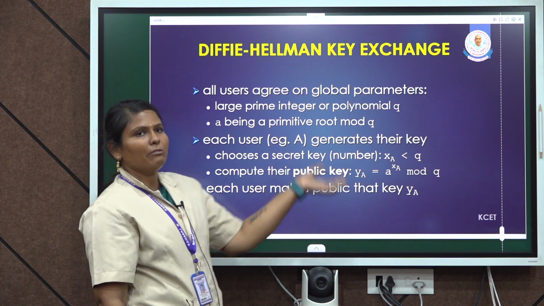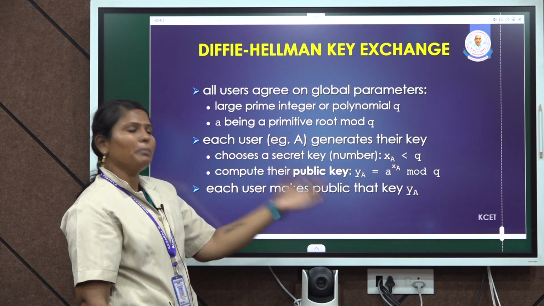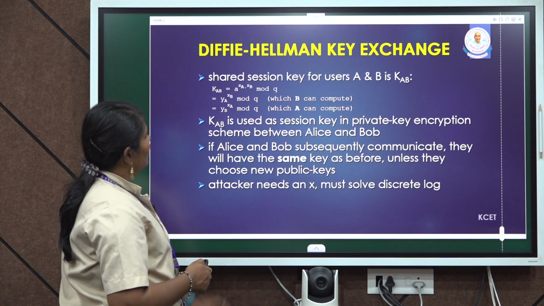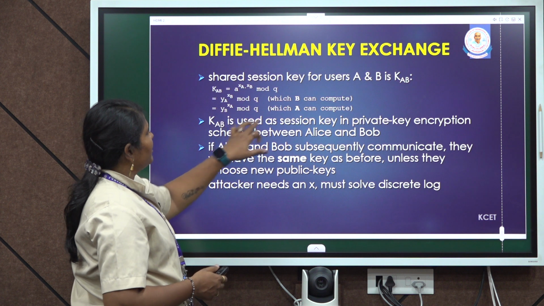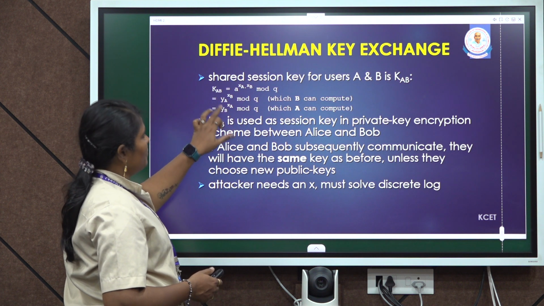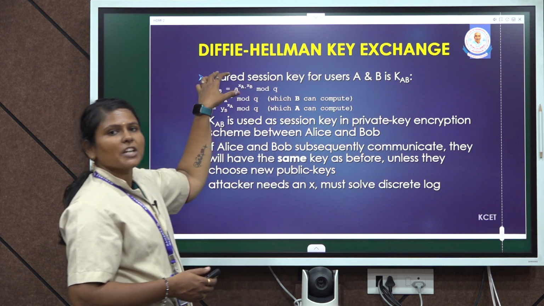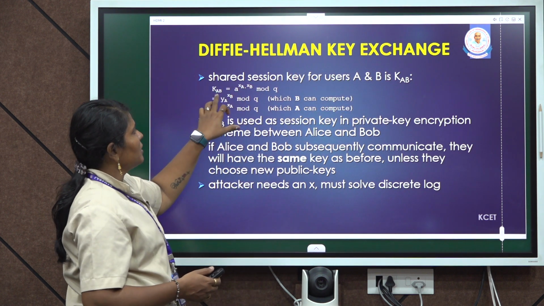Likewise we calculate the public key for B, applying the same formula. Once I have identified the public keys for A and B, I can go for the secret key that can be shared between A and B by using the formula.